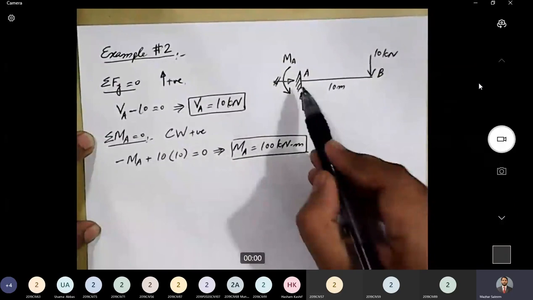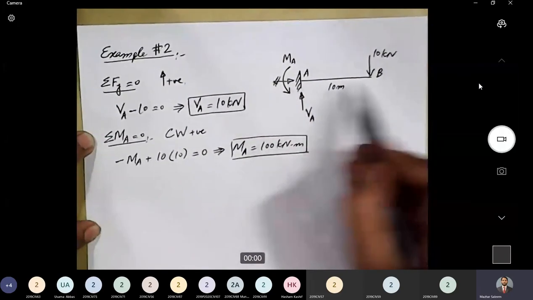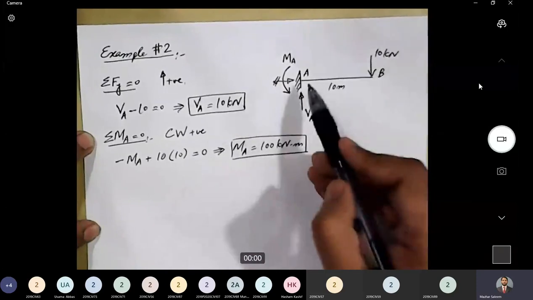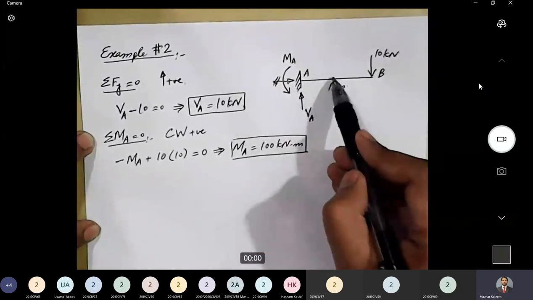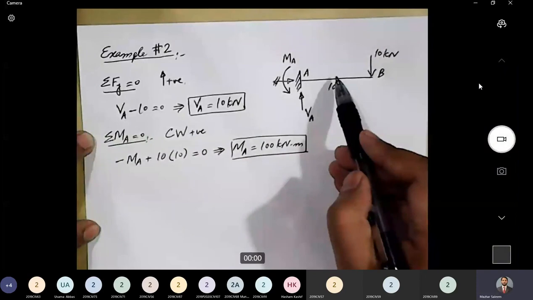Next step is to divide the beam into portions. Now let's see how many portions we need in this case. Let's start from point A and move in the rightward direction towards point B and see at what point we find any change in loading or boundary condition.